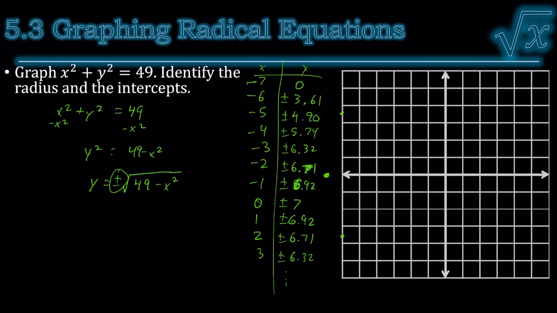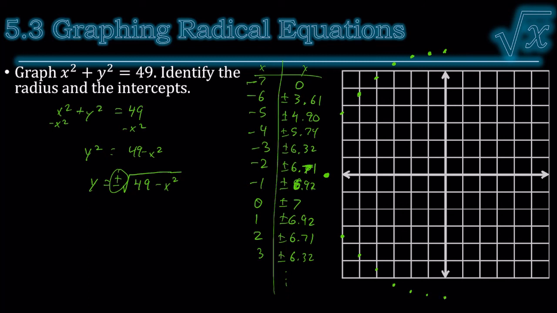Don't forget they're all plus and minus. 4.9, 5.74, 6.3, 6.7, 6.9, and 7.